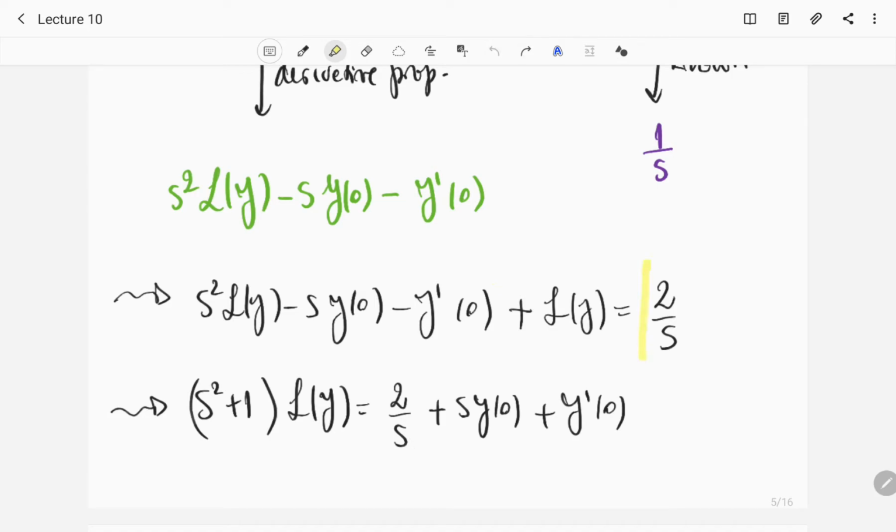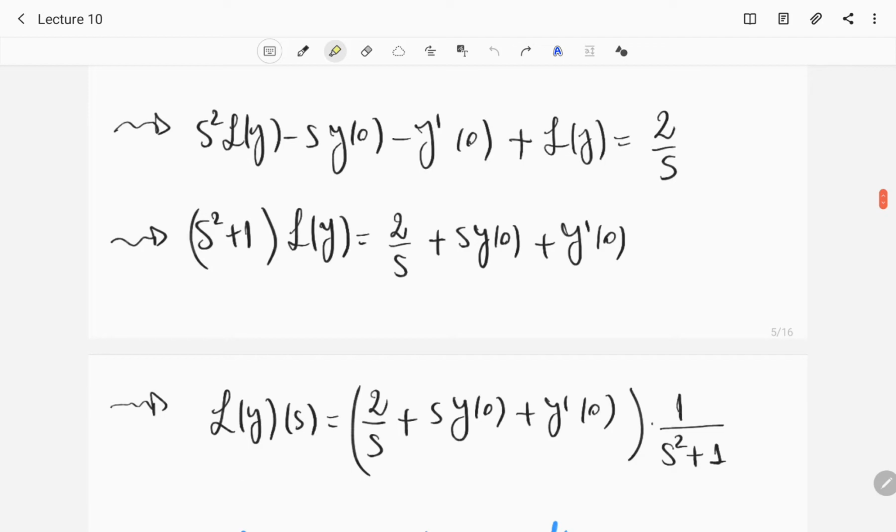That's why we have this here, which stays the same, and this goes here. So there was a negative here and positive on the other side. Then we can divide by this factor to get this other expression. So the Laplace transform of y at s is exactly this expression times 1 over s squared plus 1. And that was step 1.